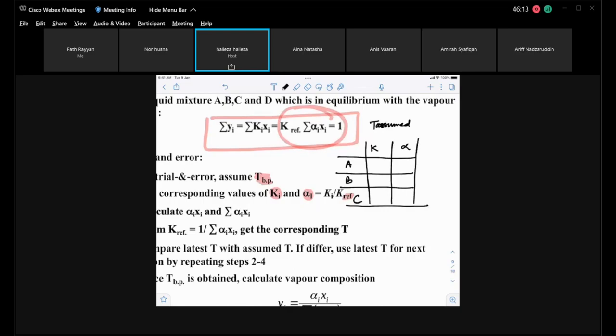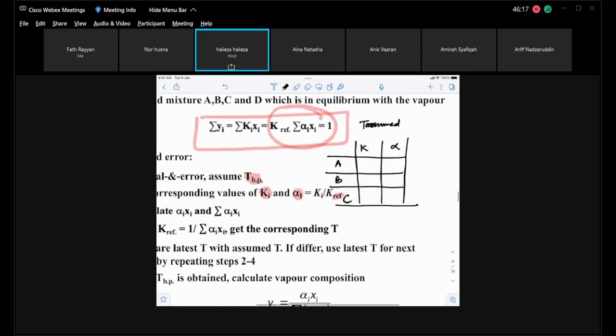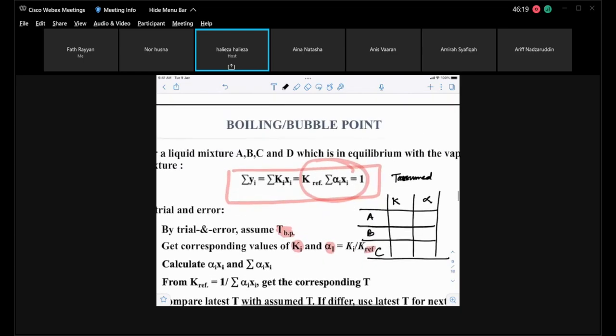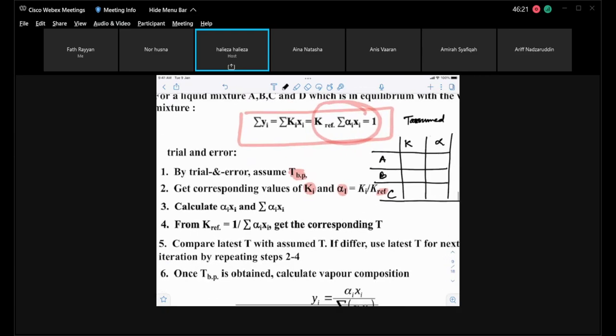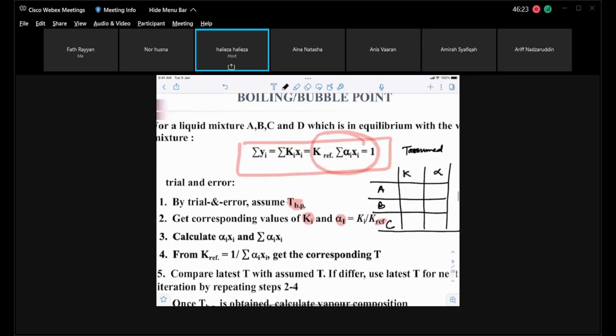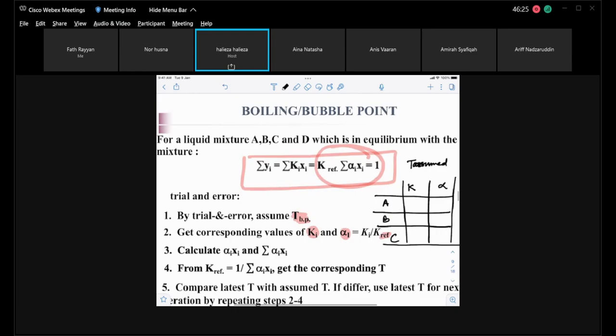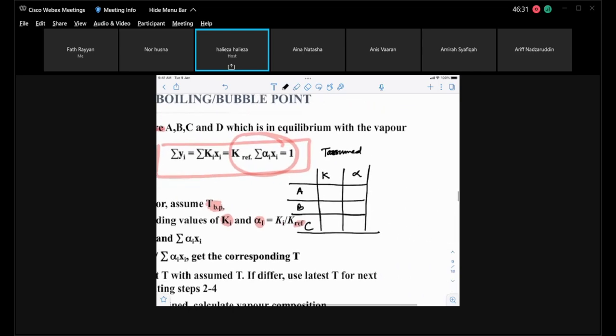And you also need to have the X component. Now we are going to find the bubble point, so this is for the bottom. We have a liquid here, the liquid for the bottom composition.